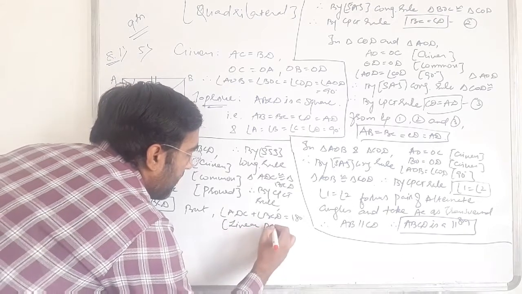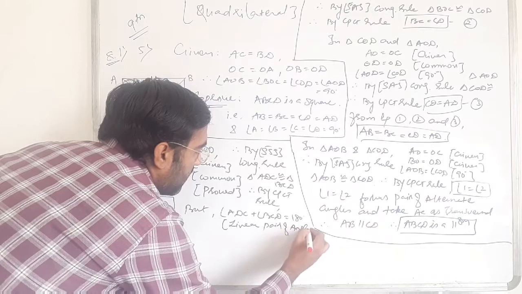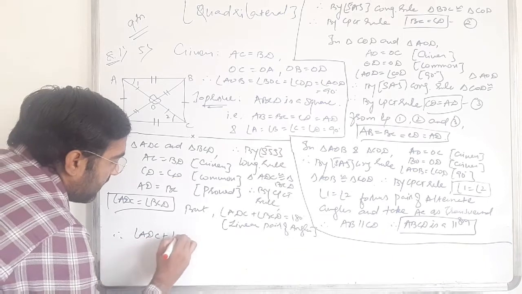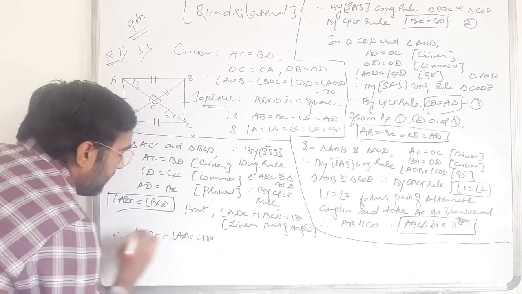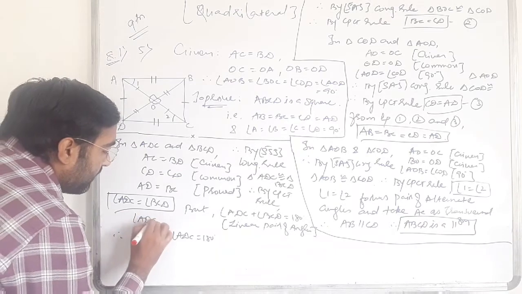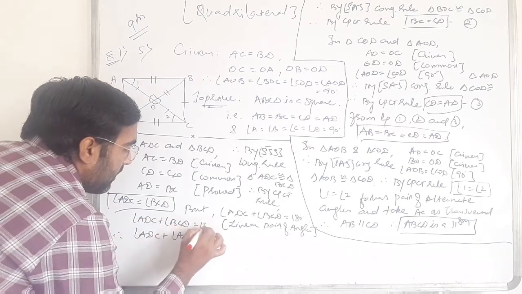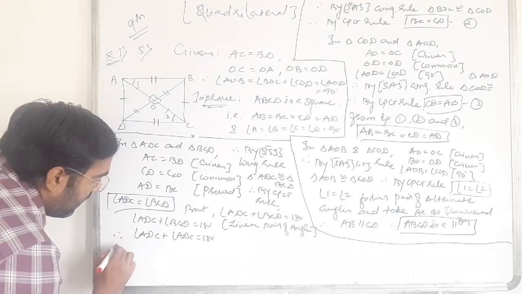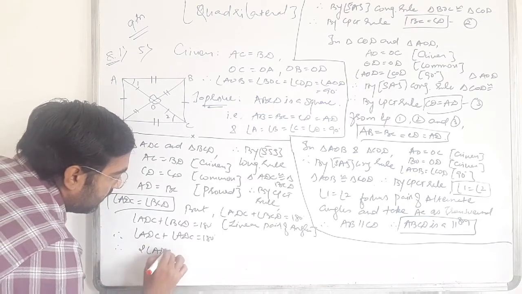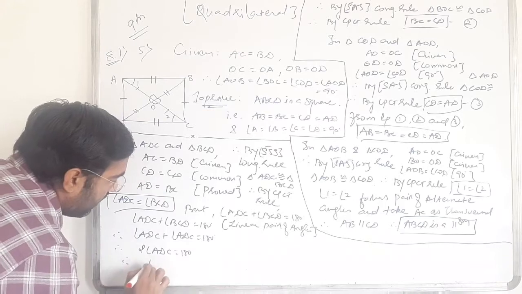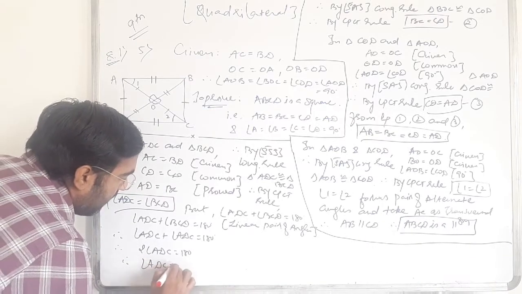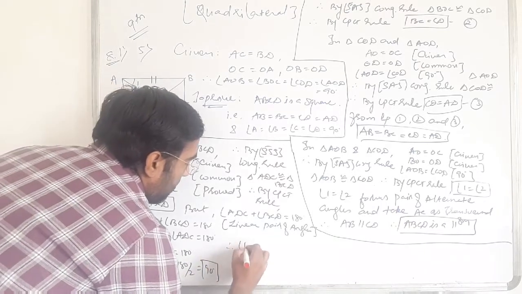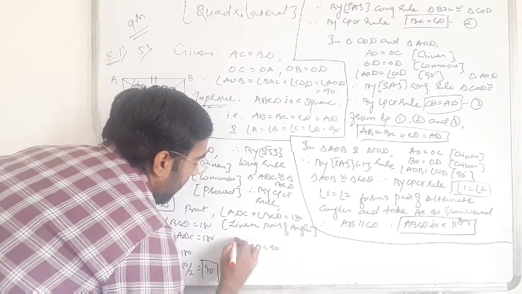So therefore angle ADC plus angle ADC equals 180 degrees, because ADC and BCD are both equal. So therefore 2 times ADC equals 180. Therefore angle ADC equals 180 by 2, that is 90 degrees. So therefore angle BCD is also 90 degrees.